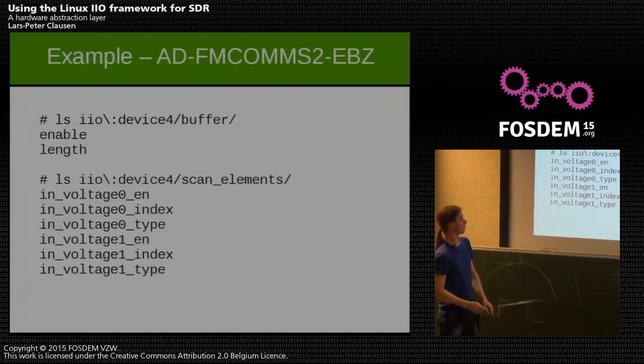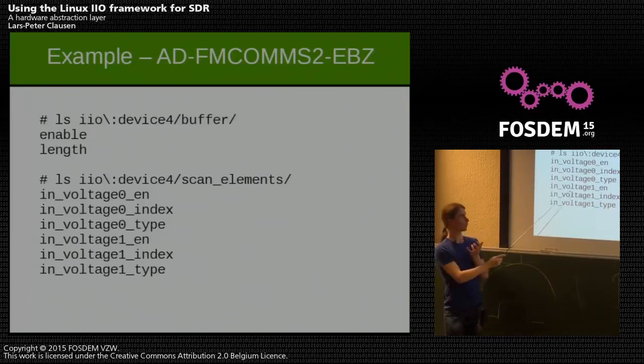And the buffer subdirectory basically just has an enable and a length; the length specifies the size of your buffer, and the enable specifies if it's enabled or not. And for the scan elements, you will have 3 attributes for each channel. One is called enable, which specifies if the channel should be currently enabled or not. So you can disable certain channels if you don't want to capture them.